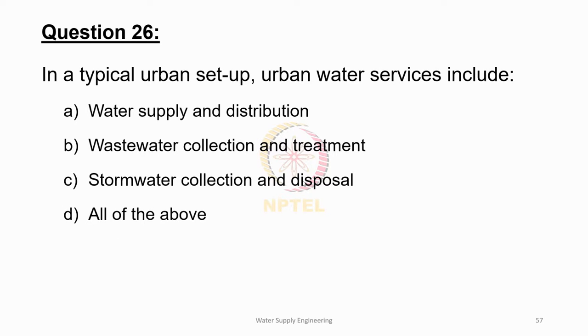Moving on to the next question. In a typical urban setup, urban water services include: option A, water supply and distribution; option B, wastewater collection and treatment; option C, stormwater collection and disposal; option D, all of the above. So, urban water services.